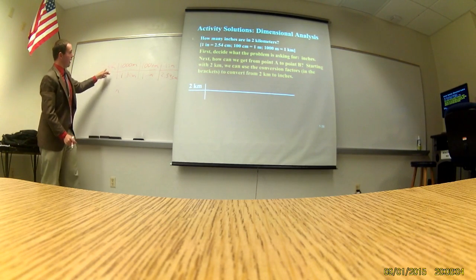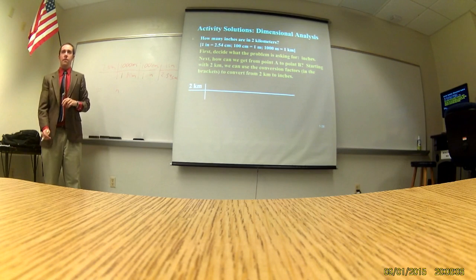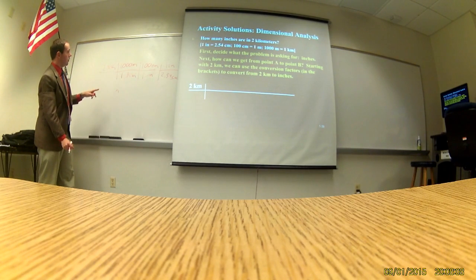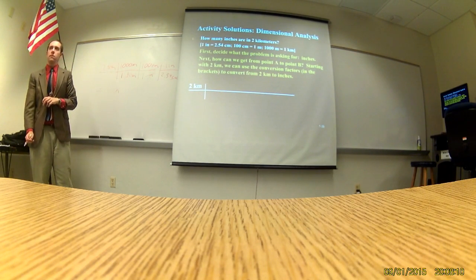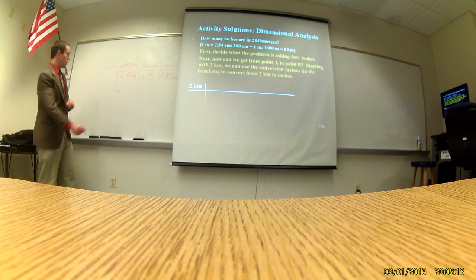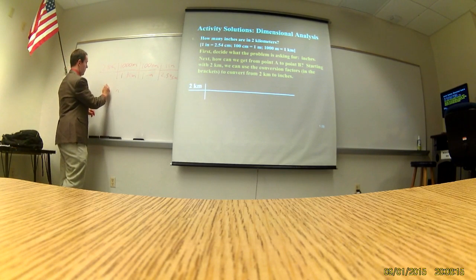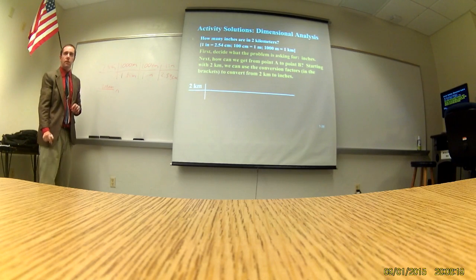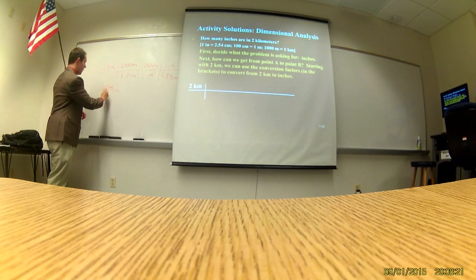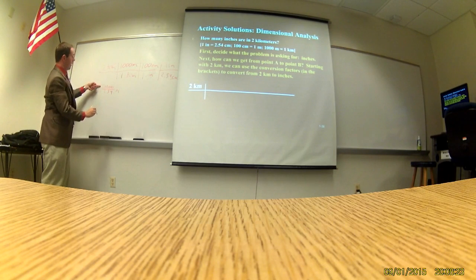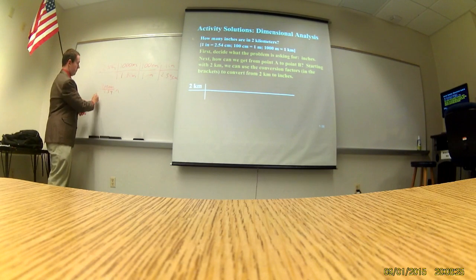So now we multiply everything on top, and we get 200,000. Multiply everything on the bottom. 2.54. We divide that by that.